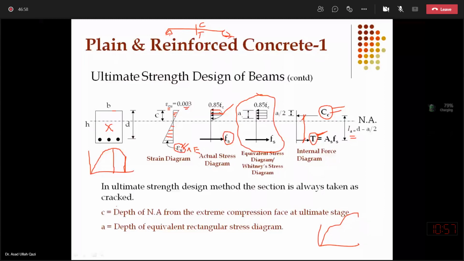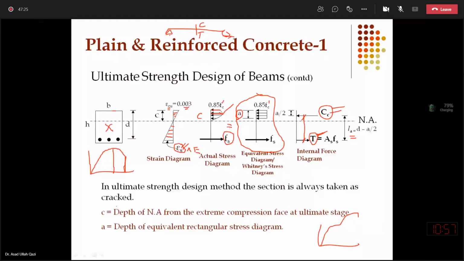In actual, the depth of neutral axis is c. But here in this picture, which is shown as equivalent to the actual, concrete is replaced with 85% of peak, f'c, 85% of f'c, and it is present uniformly on the entire cross section.